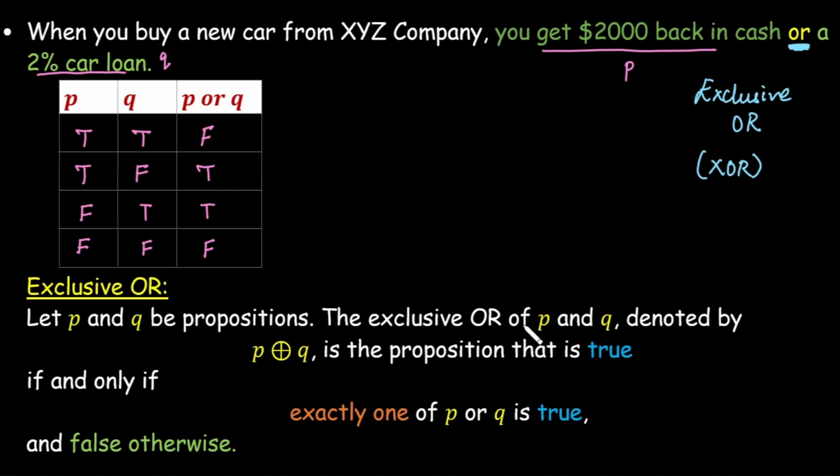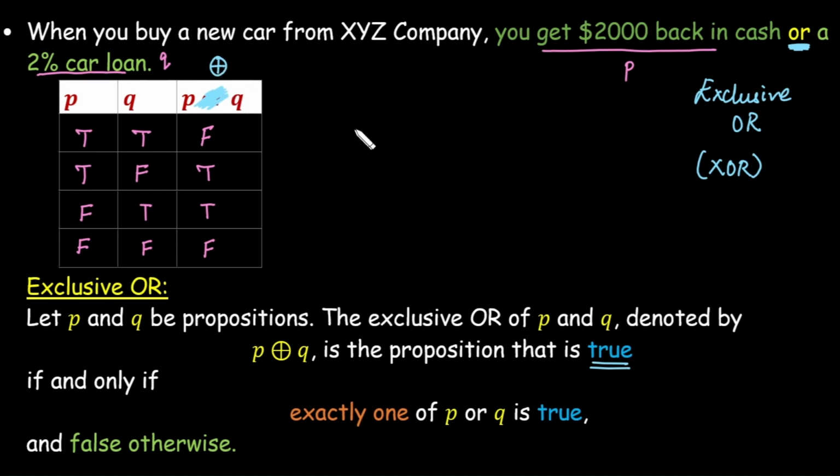The exclusive OR of P and Q is denoted by this, and it is a proposition that is true if and only if exactly one of P or Q is true. So what is this exclusive OR indicating? When will this P and Q statement be true? When only one of the two is true, but not both. Otherwise it is false. So in this case, rather than writing simple or, we can write exclusive or, that is O plus.